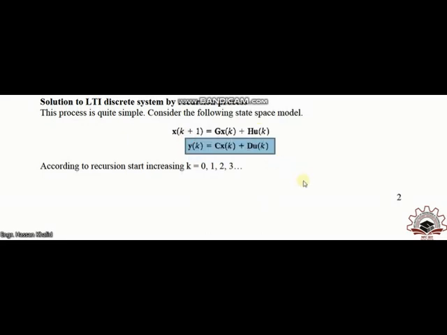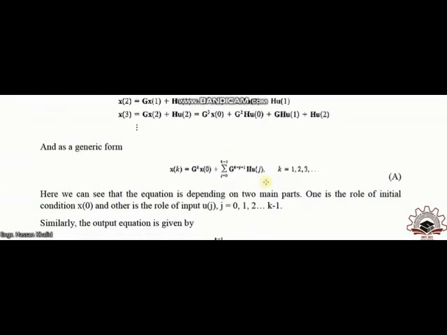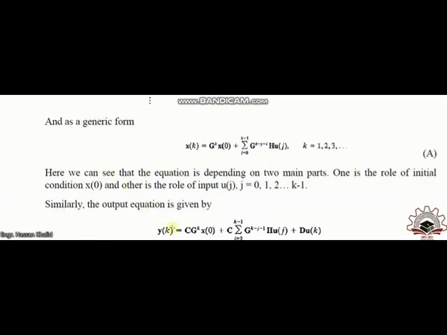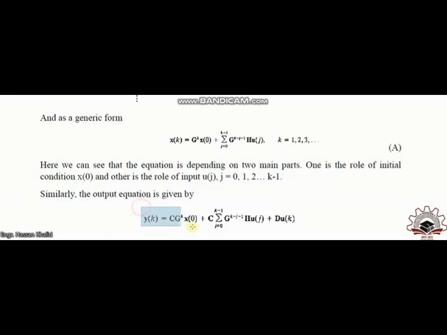By substituting the value of x(k) in this y(k) equation, you get the recursive output as follows. So this is our finalized recursive output, where x(k) has been replaced by substituting equation A. That's how this works.